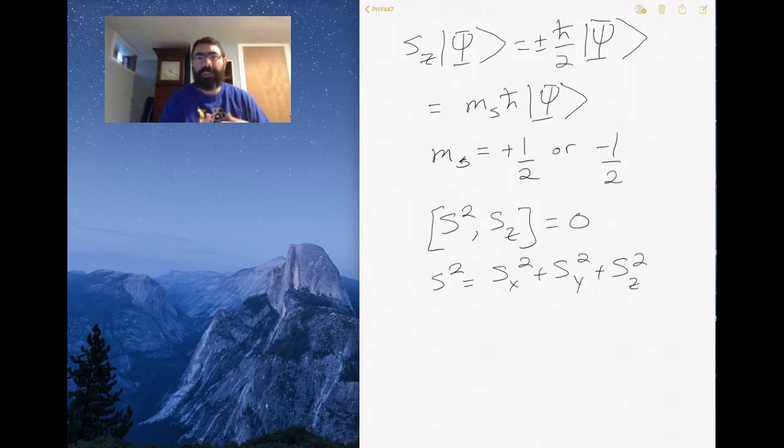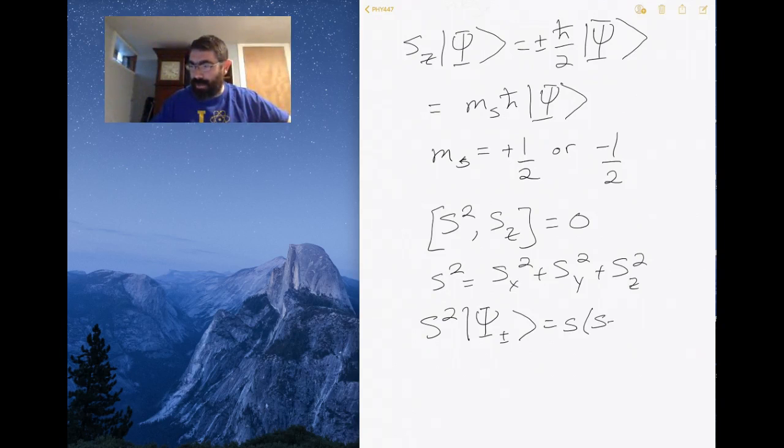So we want the square of the total spin as a good operator, and not the total spin s. So anyway, if we operate with s squared on our spinors, plus or minus, then what we get is the eigenvalue of s times s plus 1 times the spinors back again.